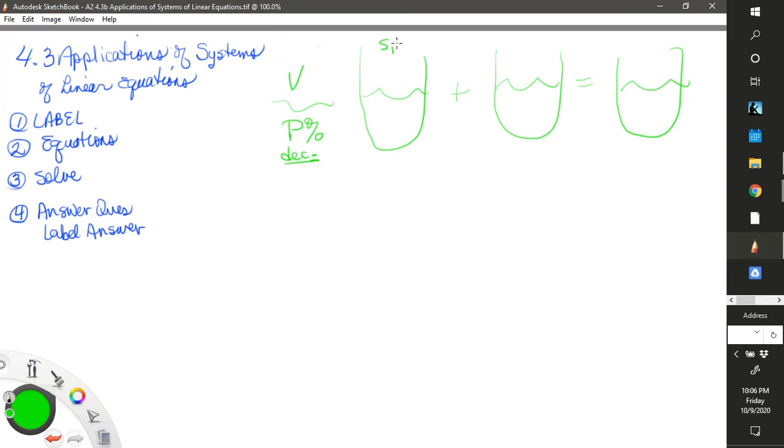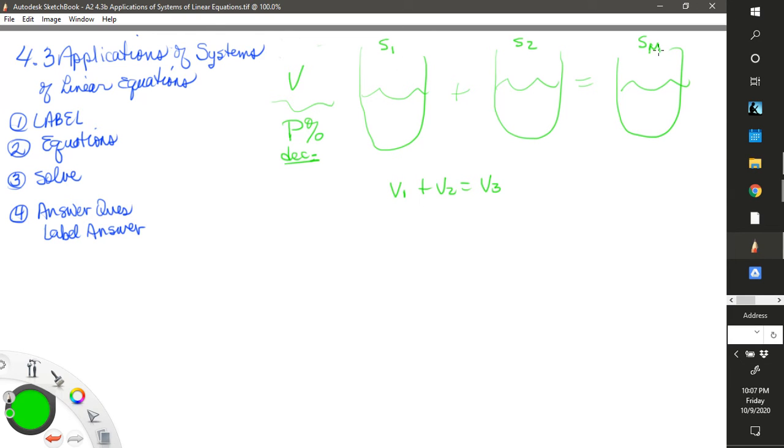And we have solution 1. Sometimes we'll have 3 solutions, but most of the time we have 2 solutions. And then we have the solution that is the mixture. Okay? Now, what we'll always know is that volume 1 plus volume 2 is always going to equal volume 3. So if they don't give us one of these, we'll subtract back or add, whichever one we need.